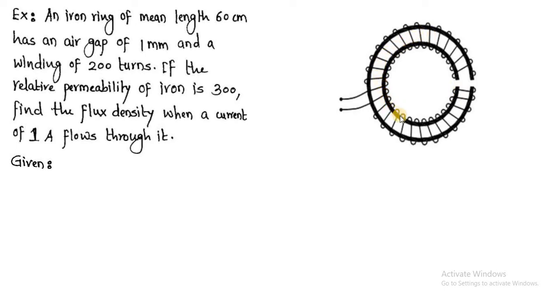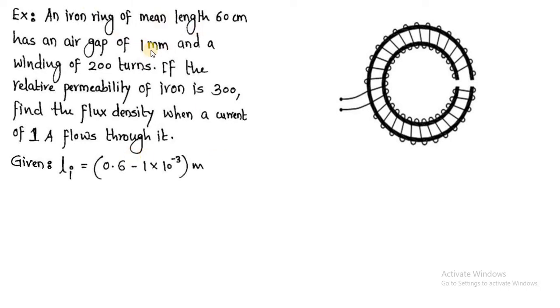So the net iron length, that is the iron length of a ring, will be equal to 0.6 meter. 0.6 meter means 60 centimeter into 10 raised to minus 2. The length is given in centimeter, so we are supposed to convert it to meter. So 60 into 10 raised to minus 2 will be 0.6, minus 1 into 10 raised to minus 3.